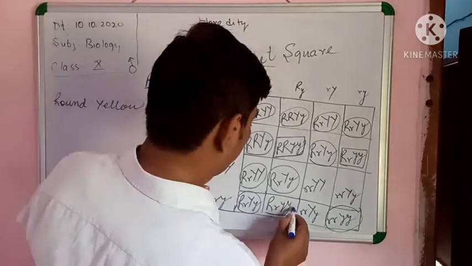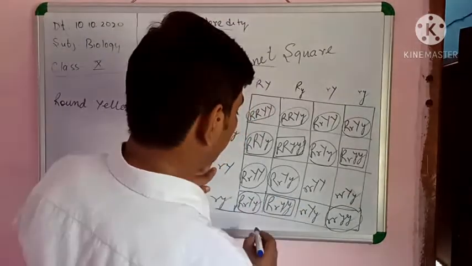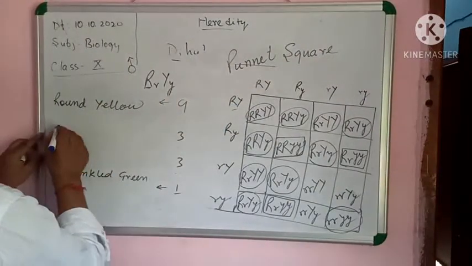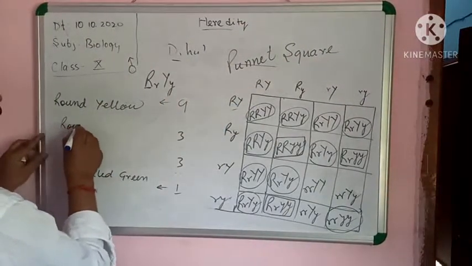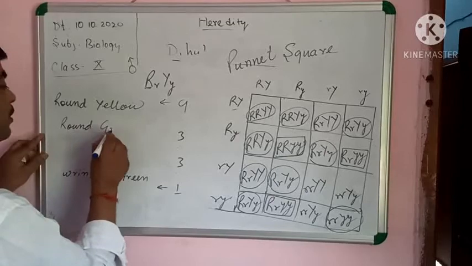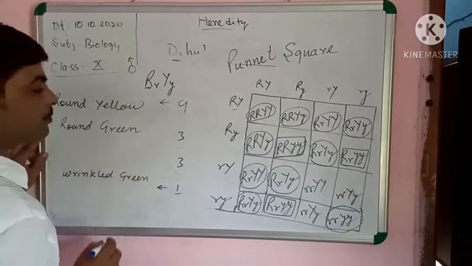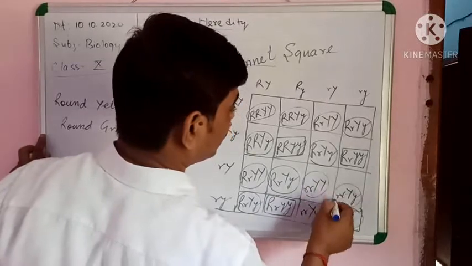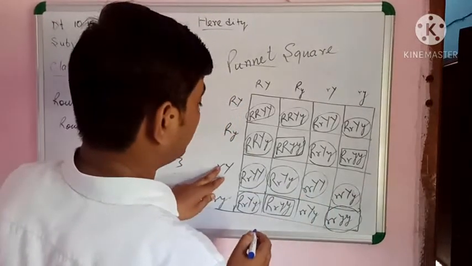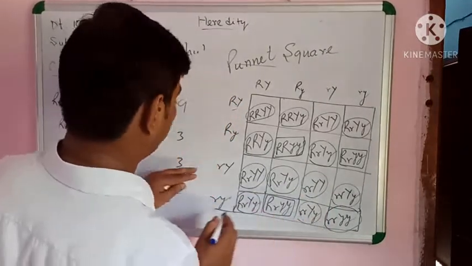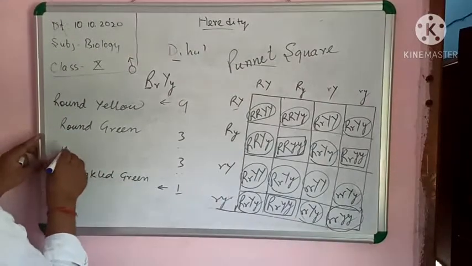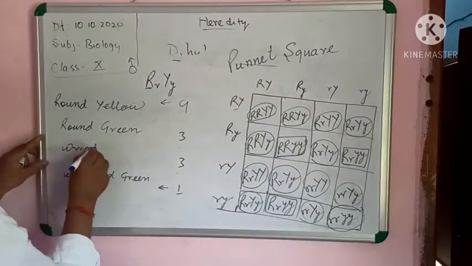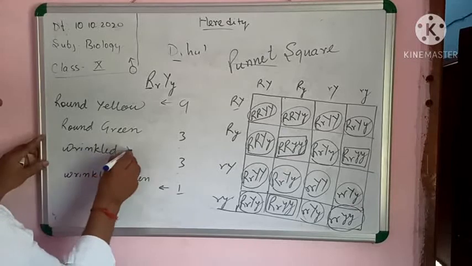Again this is round green. 3. So this is round green. And again wrinkled yellow, okay, and wrinkled yellow. This is wrinkled yellow.